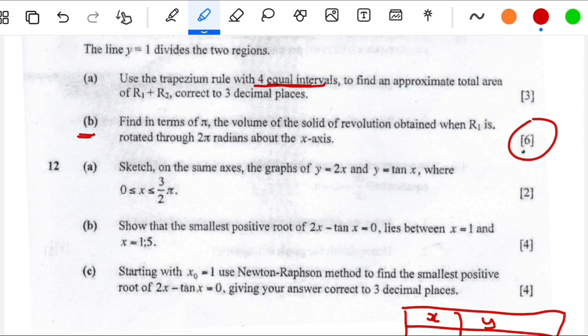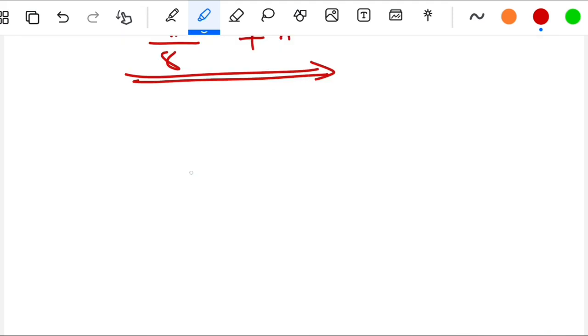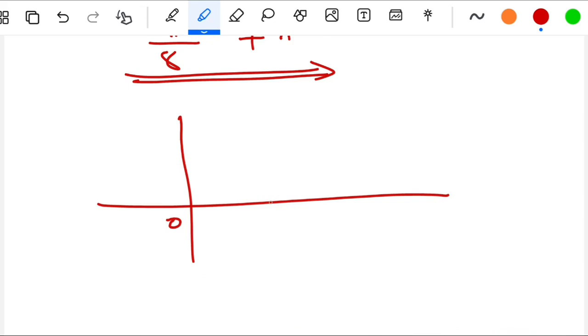Then number 12a says, sketch on the same axes the graphs of y equals 2x and y equals tan x, where x is between 0 and 3 over 2 pi. So let's do that one. We've got our Cartesian axes there, 0, pi over 2, which is 90, then we've got pi, then we've got 3 pi over 2, which is the same as 270.